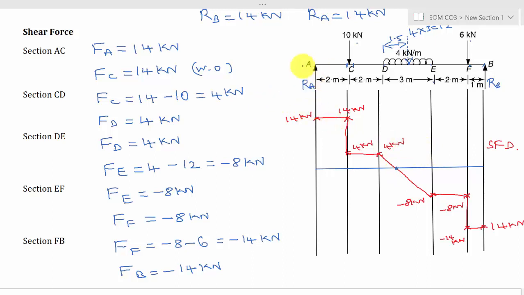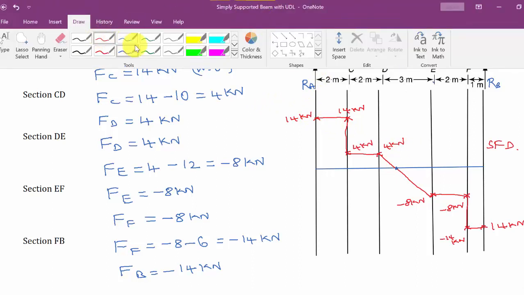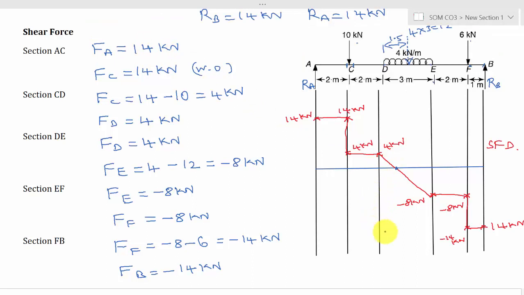Now, to calculate the shear force at this point, let me consider this as A, B, C, D, E, F, G. I am going to consider this distance as X. So the shear force is 0 at this point. So we have to calculate the distance X to find out the maximum bending moment.